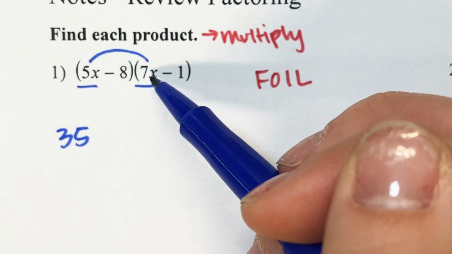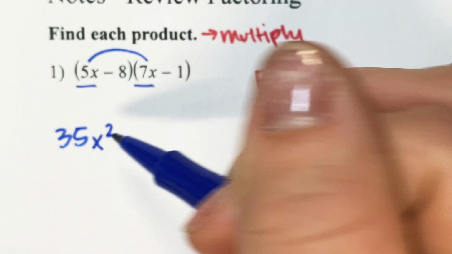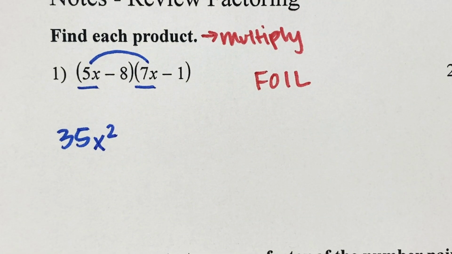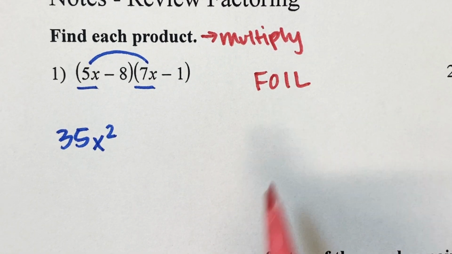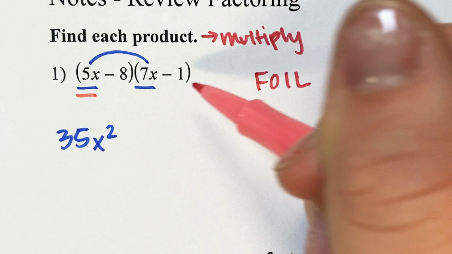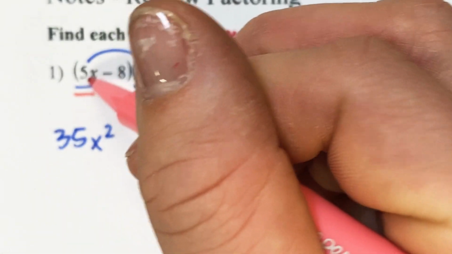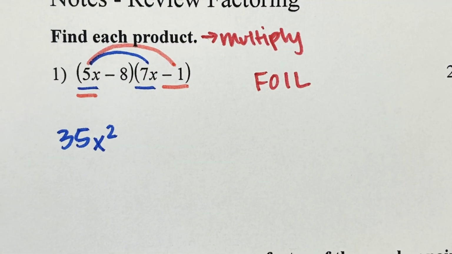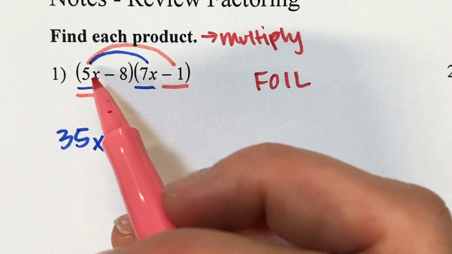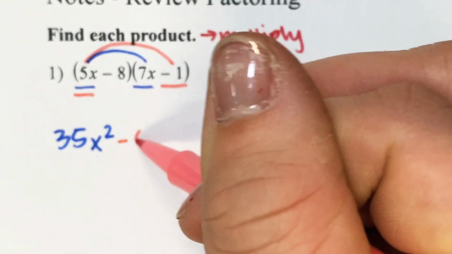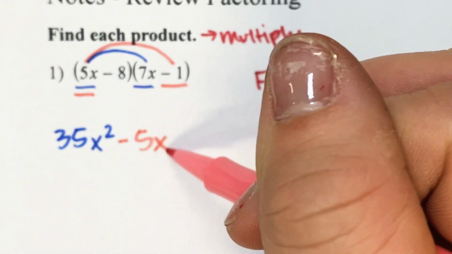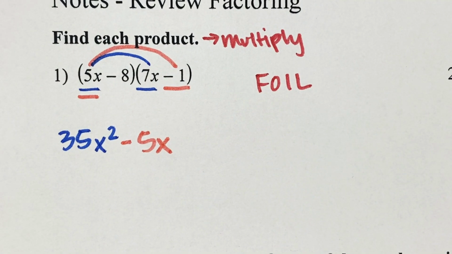I had 2 x's being multiplied together, so x squared, 35x squared. The O in FOIL stands for outside. Outside terms are 5x times negative 1. 5 times negative 1 is negative 5. There was 1x being multiplied, so negative 5x.